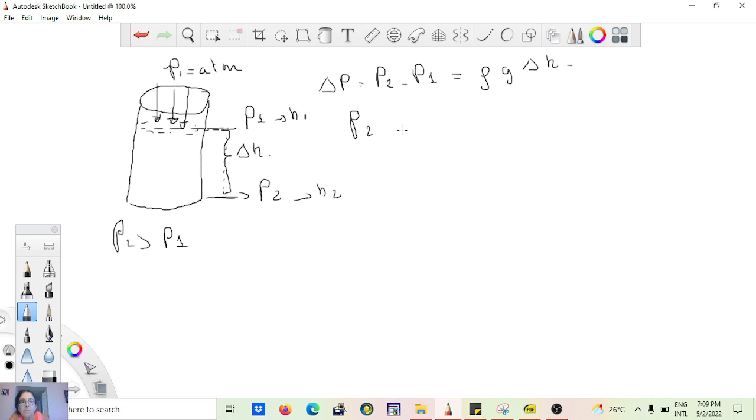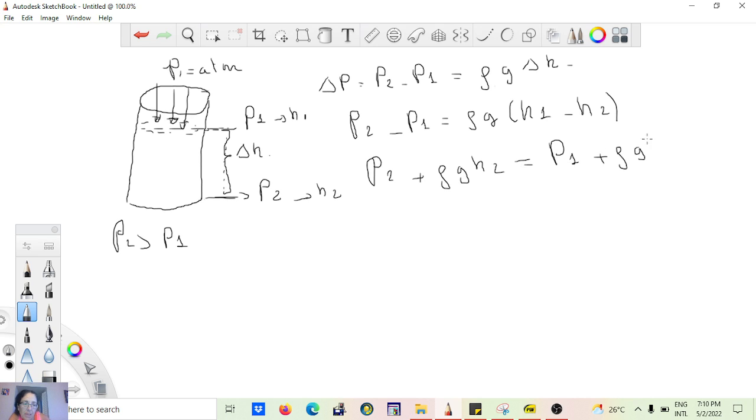So P2 minus P1 equals rho g, and I want everything to be positive on both sides, so I have H1 minus H2 because H1 is greater than H2. All the terms with a subscript of 2, I'm going to put on one side. So P2 plus rho g H2 equals P1 plus rho g H1.